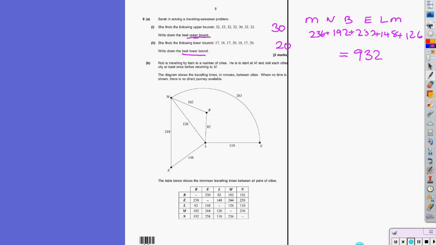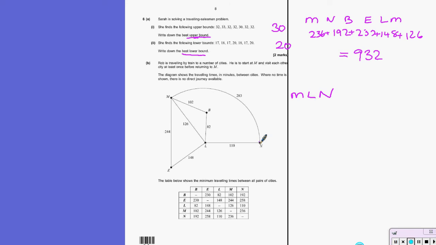So if we go back to that question, if we started off at M and wanted to go to N, we've already realised that 236 you can only get by going via L, so it's M, L, N. And from N to B, that was 192, which you can only get by going N, L, B. B to E was 230, which you can only get by going via L again, B, L, E. E to L is fine, and L to M is fine.